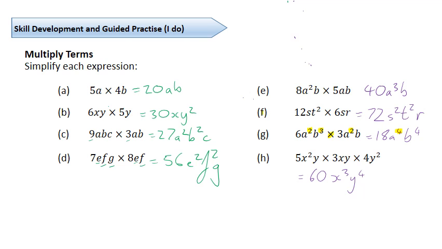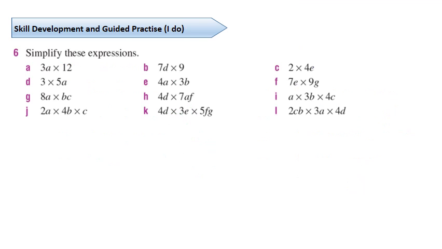We've got one that's to the power of 3. This one doesn't have a number here, but we don't write it if it's a 1, so that's a 1 there. 3 plus 1 gives us a 4. So if we're multiplying and it's got the index up there, all we're doing is adding that index if they're the same variable. But we may go into that a bit more later on.